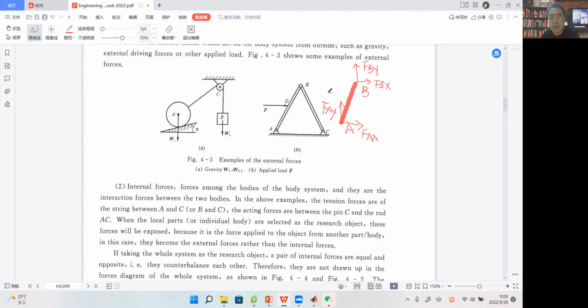And this horizontal force F, actually it is the external force. We can also call that an active force, right? This is point D. So actually, forces like FAY and FAX, FBX and FBY are the so-called internal forces.